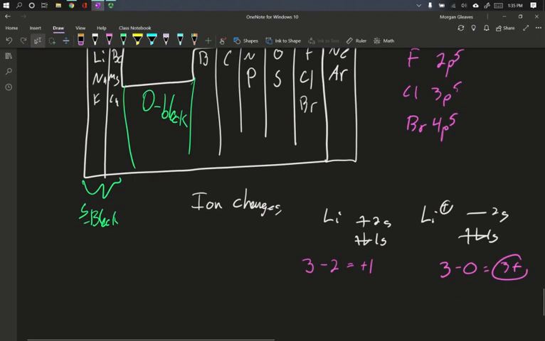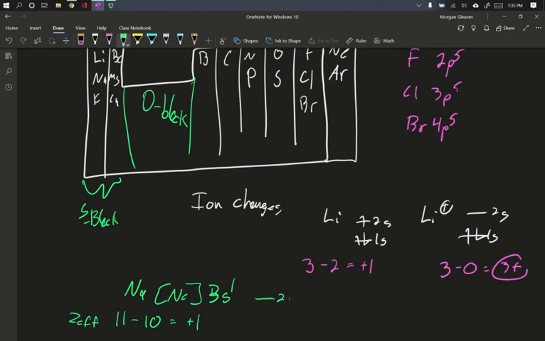If we think about this for sodium, sodium is neon 3s1. Sodium has 11 protons, and neon has 10 electrons, so 10 core electrons, for a +1, which is what we saw for lithium. That whole column should see a Z effective of +1. But after that, you're down to the 2s, the 2p, the 1s. There are still 10 electrons on sodium.